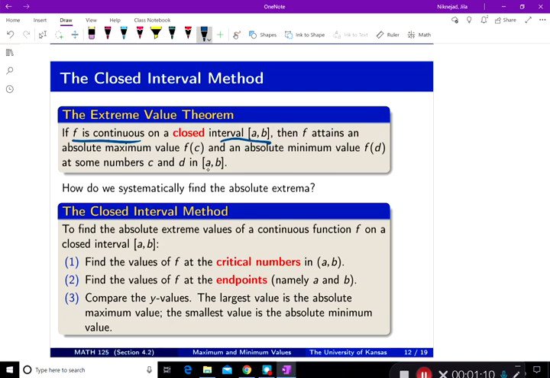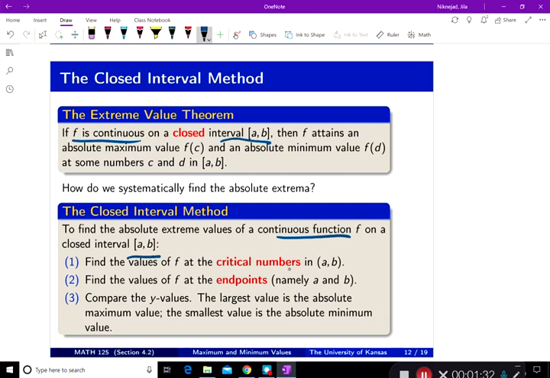So the method is called the closed interval method. You have to have the conditions in the extreme value theorem satisfied. That is, f has to be continuous, and the interval of the domain has to be closed. And then you do this process.